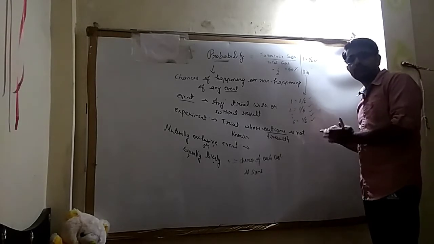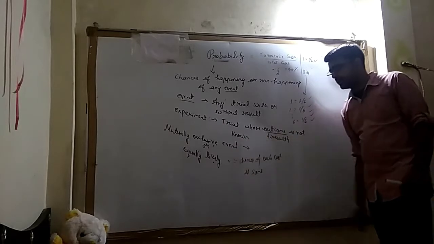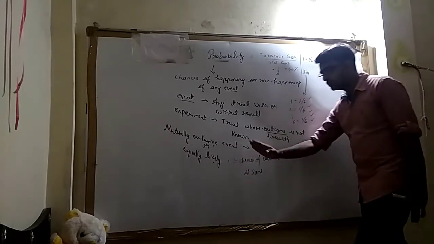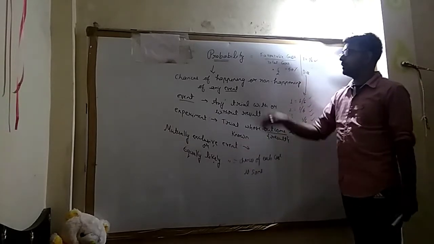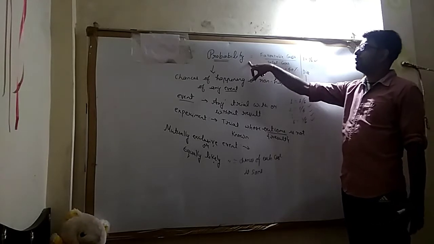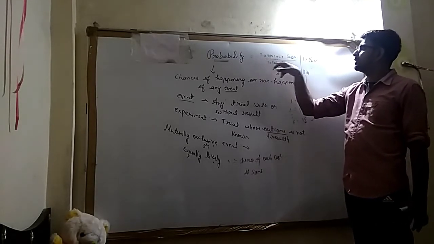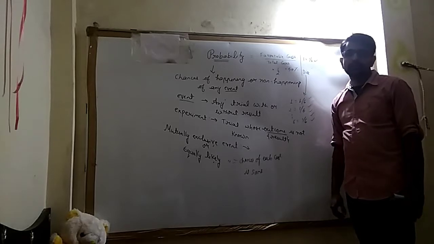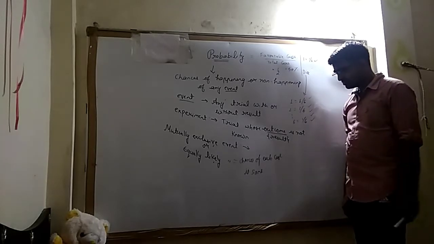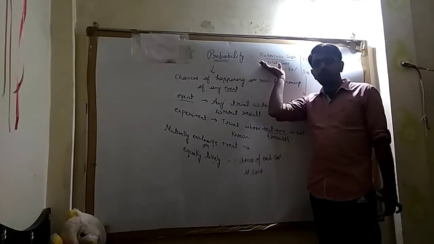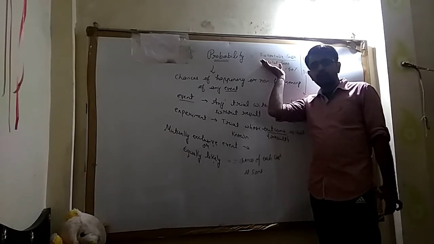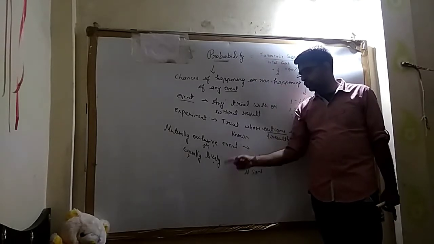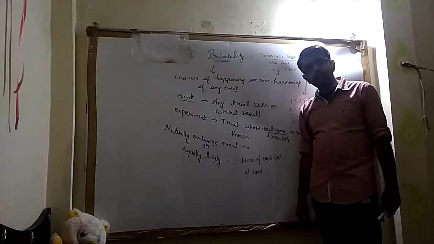Such type of cases are known as mutually exclusive cases, and for such type of cases only we can apply the formula of probability, which is favorable cases by total cases. Now see, this is the bounded formula. Why bounded? Because it has a condition that the cases should be equally likely.